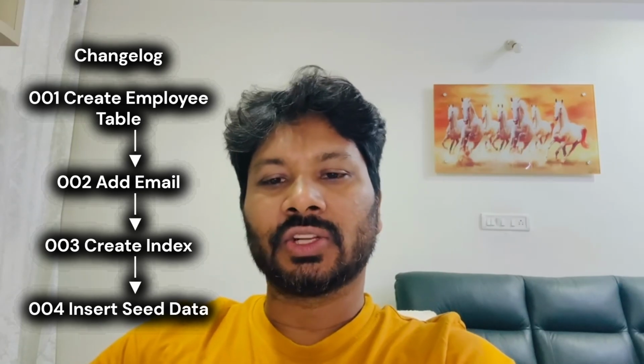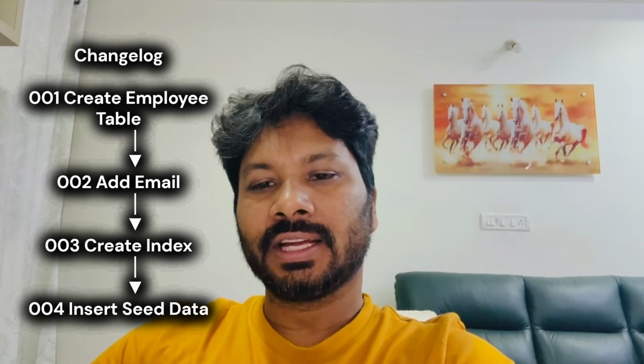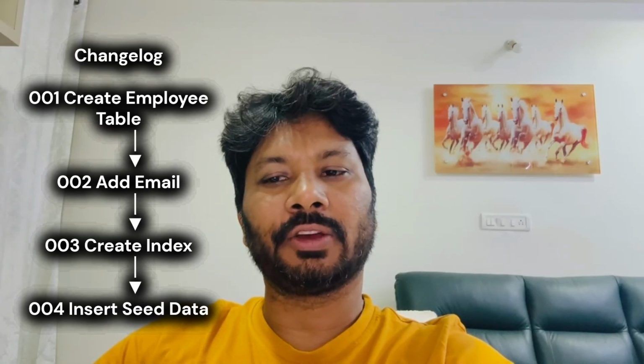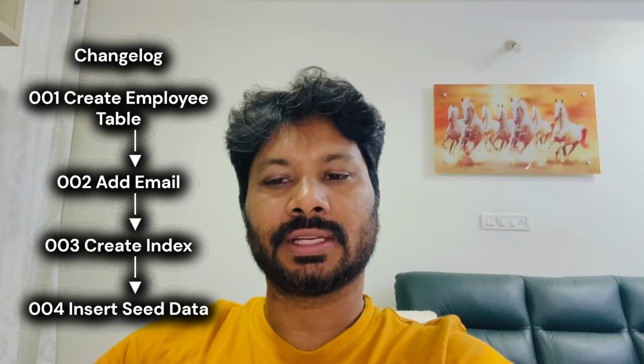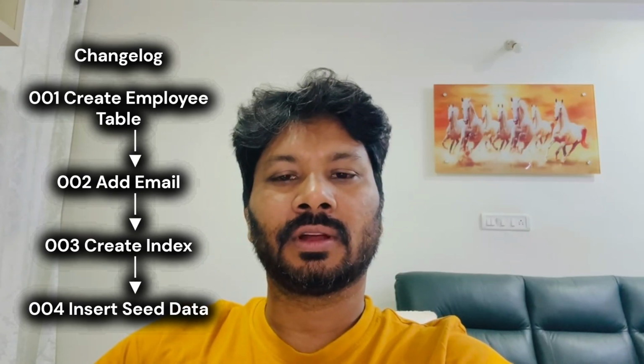When Liquibase runs, it checks a table called databasechangelog. If a change set has not already been executed, Liquibase executes it. If it has been executed, Liquibase skips it and records the execution. This ensures the same change is never applied twice.